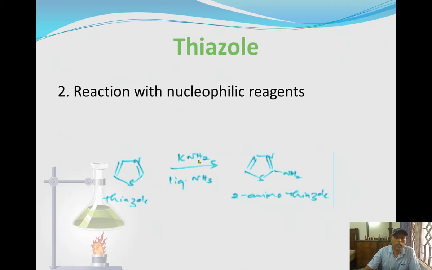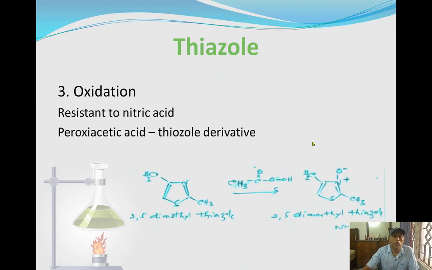KNH2 is going to split into K plus and NH2 minus. NH2 minus is the nucleophilic agent here. This nucleophile is going to attack at position number 2, so the nucleophilic reaction is going to take place at position number 2, and this is the product you are going to get, 2-aminothiazole.